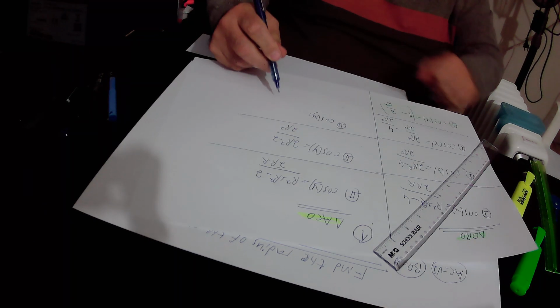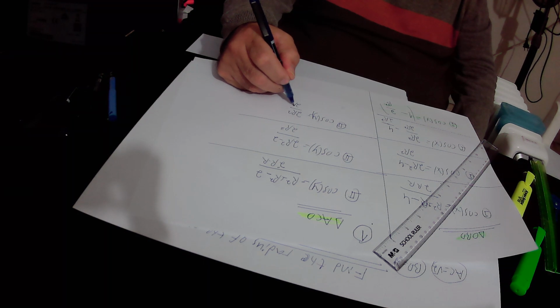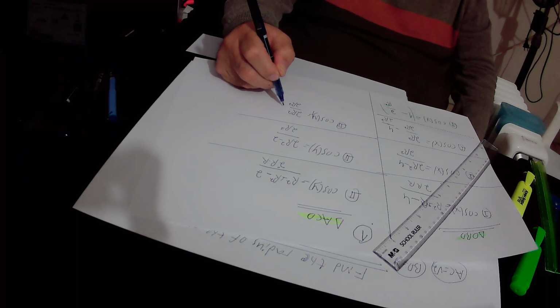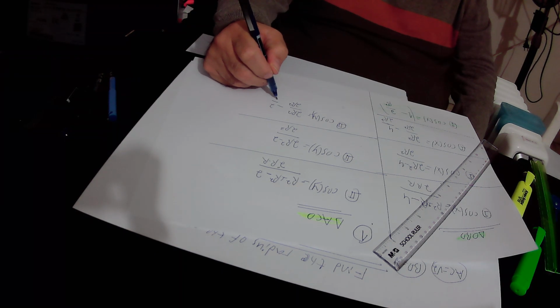The first part will be 2r squared over 2r squared. The second part will be minus 2 over 2r squared.